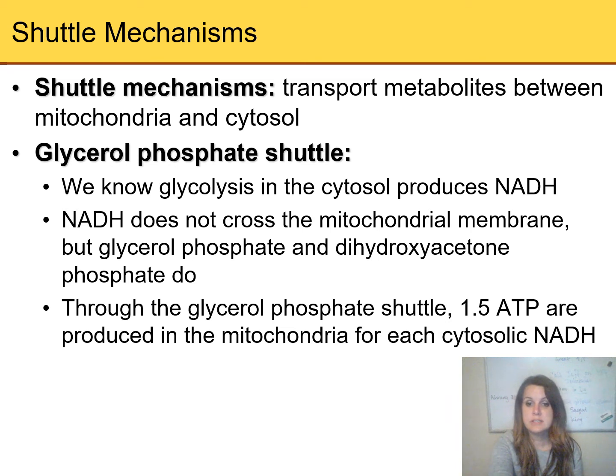The problem is NADH does not cross the mitochondrial membrane, but glycerol phosphate and dihydroxyacetone do pass through. The glycerol phosphate shuttle makes 1.5 ATP molecules for each cytosolic NADH.